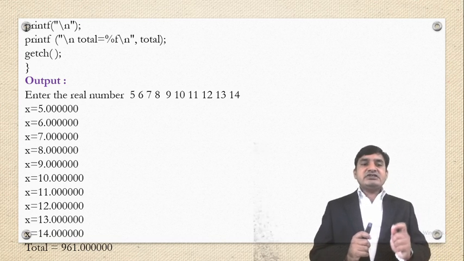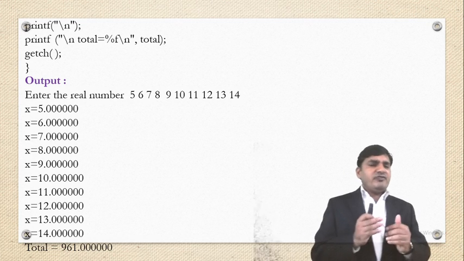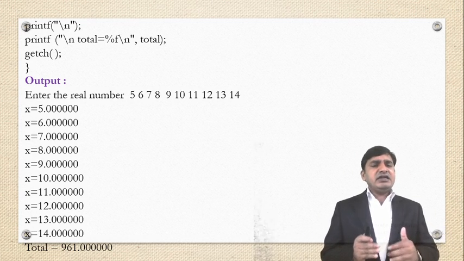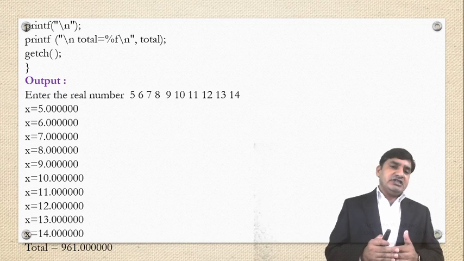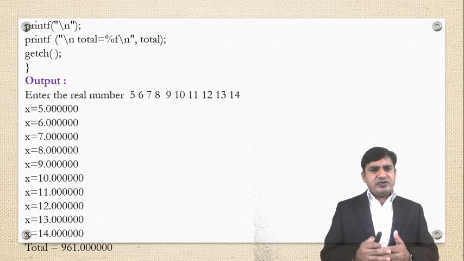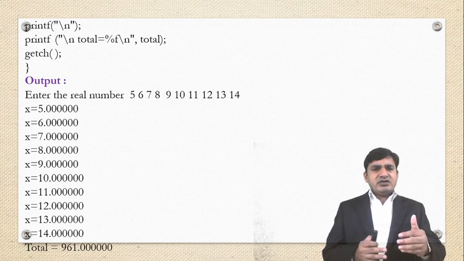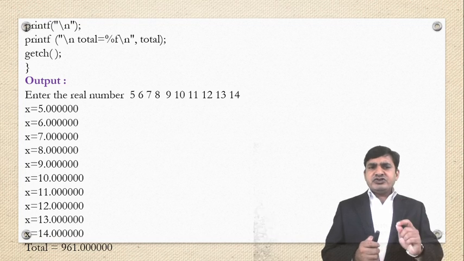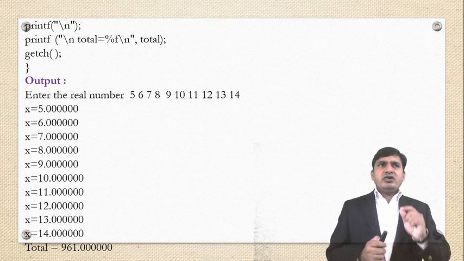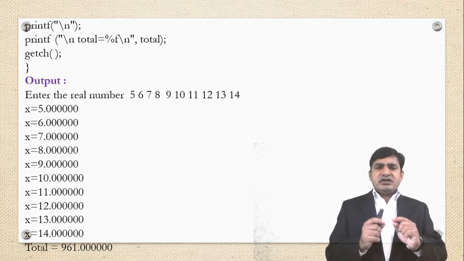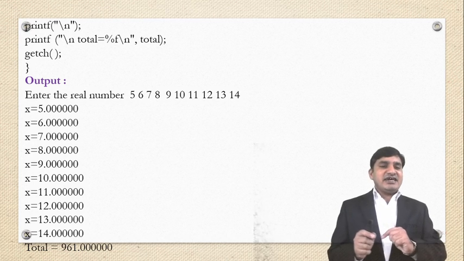So x is equal to 5 point, which indicates that it consists of a decimal point, so it is a floating point. All these numbers, we use total is equal to total plus x[i].